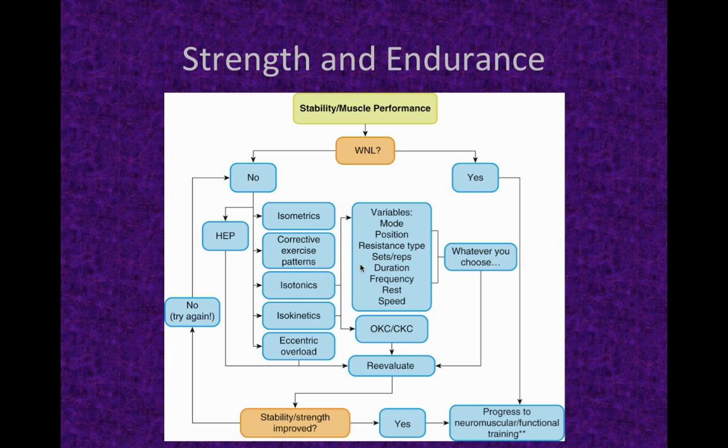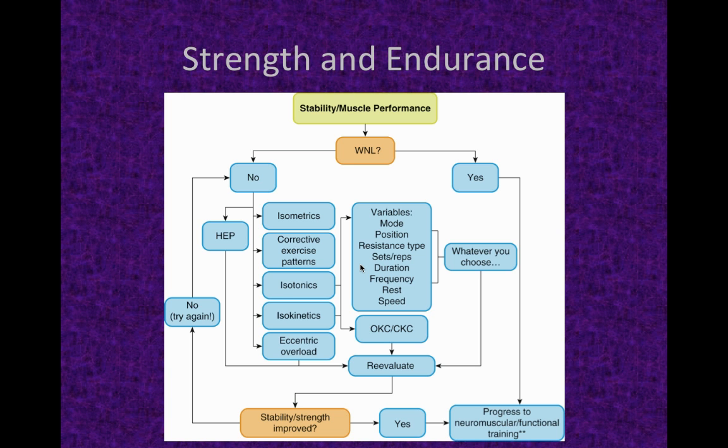Once you've gotten to doing some of those multiple angle maximal isometrics, the next is submaximal short arc isotonic exercises. Now we're moving through a range of motion with resistance in a small range of motion. So short arc, little bits of the range of motion, but we are moving through a range. Then into submaximal full range of motion isotonic exercises. Now we're moving some weight, not the most you can move, but some weight through a full range of motion.